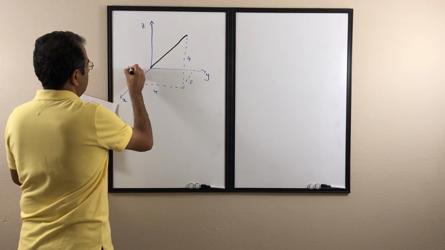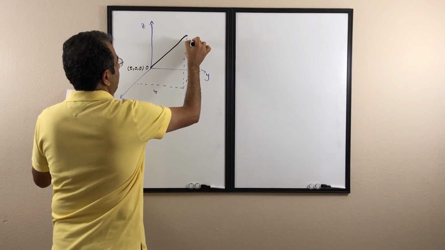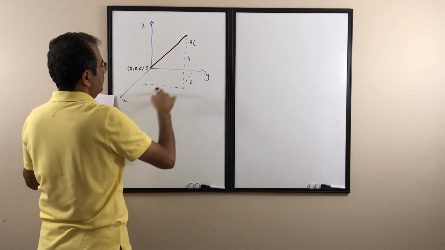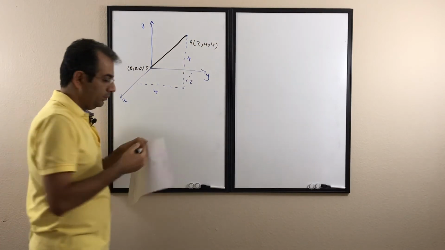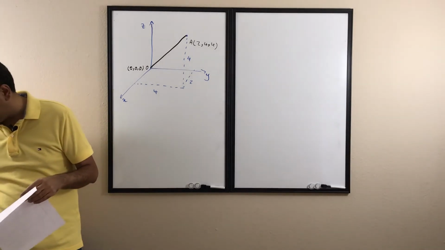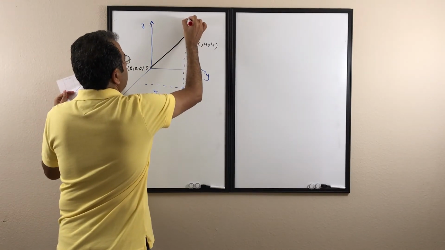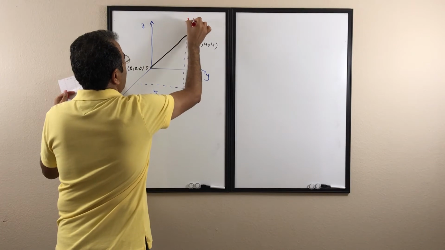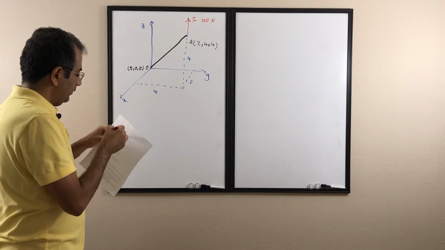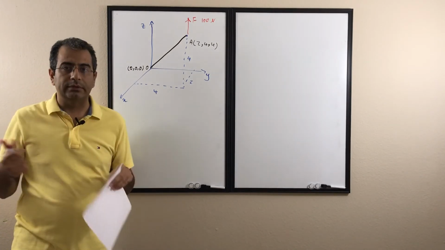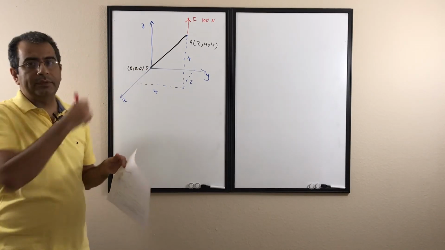So here 0, 0, 0 is the origin, and here we have the point A, which is sitting at 2, 4, and 4. And from that member, we have a vertical force applied, and it is 100 Newton. We want to find the projection of that force along OA and perpendicular to OA.